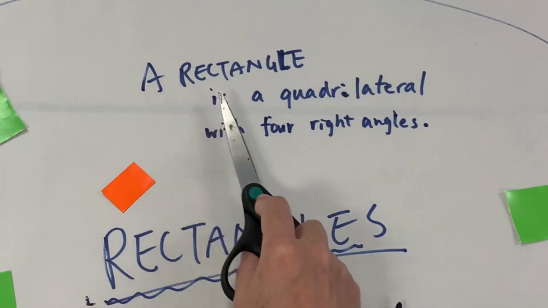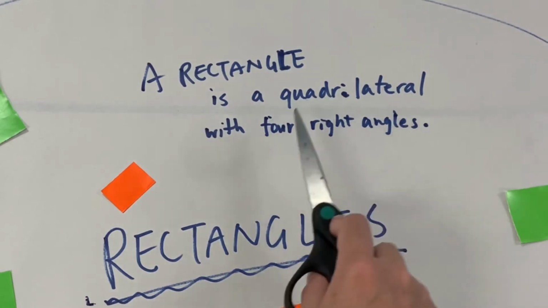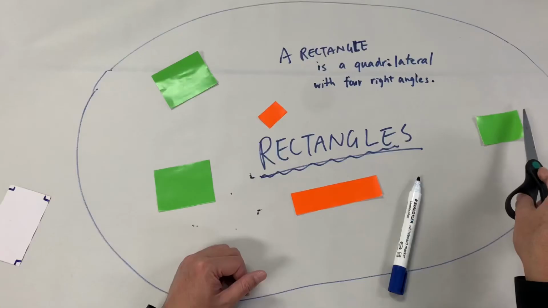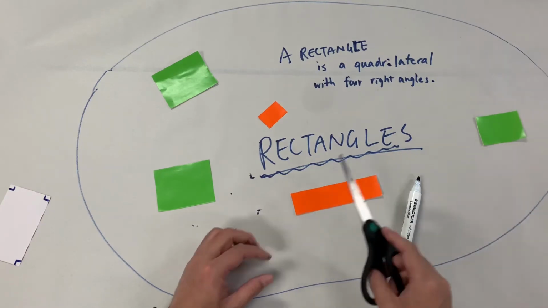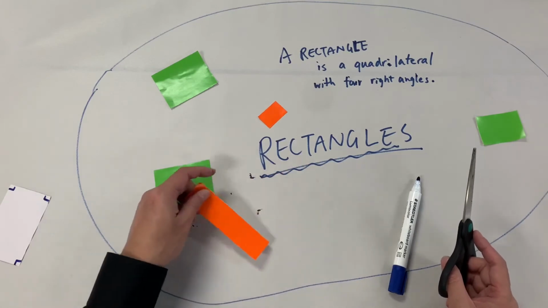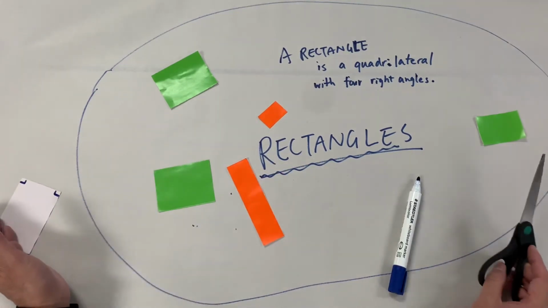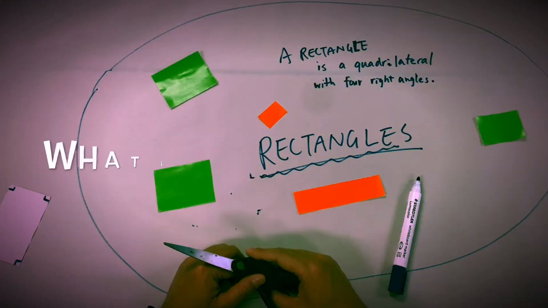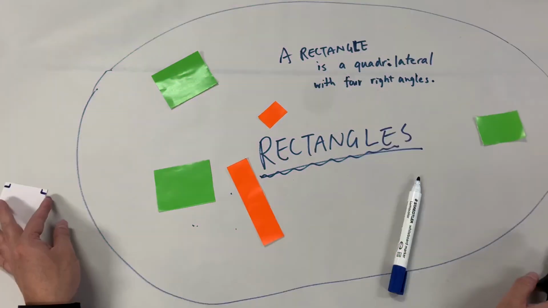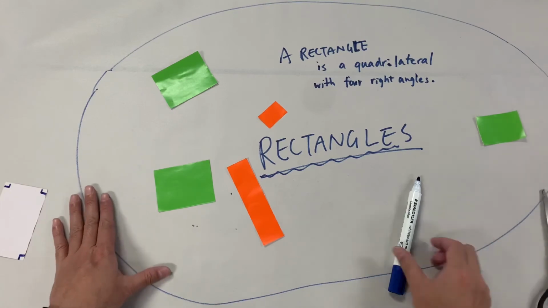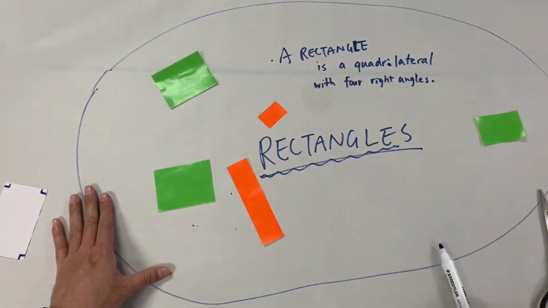If a rectangle is a quadrilateral with four right angles, with all corners with right angles, I wonder if you are wondering about something. Let's quickly pause the video. I think I have a bit of problem with this definition.